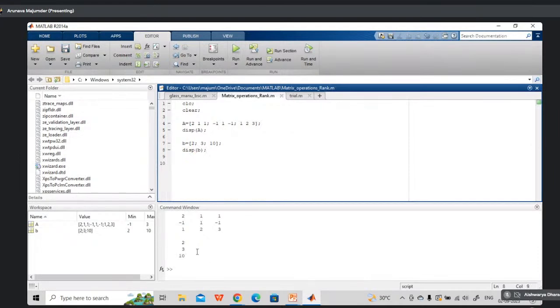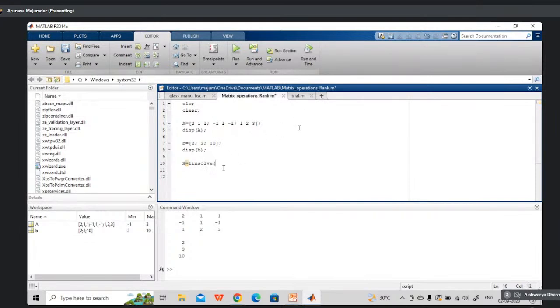Now, how can we solve this? Simply, x is equal to linsolve, the linear equation solver.